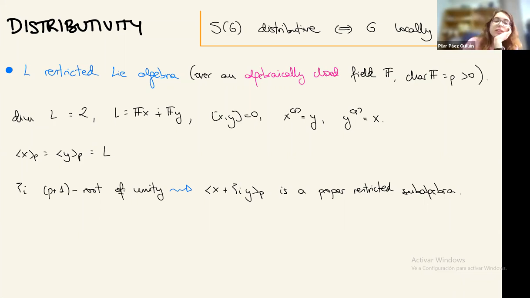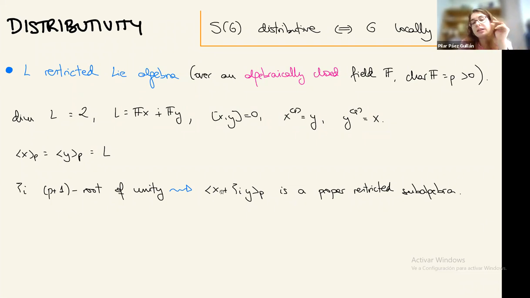But what happens with linear combinations of the elements of the basis? Well, if I consider any (p+1)-th root of unity, zeta_i, and I consider this sum x plus zeta_i y, it happens that this element to the p will be just a multiple of itself. So the linear span of this element will be a restricted subalgebra of dimension 1.